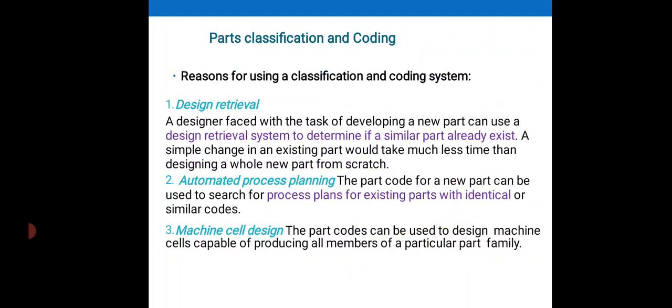Second one, automated process planning. The part code for a new part can be used to search for process plans for existing parts with identical or similar codes. Third, machine cell design. The part codes can be used to design machine cells capable of producing all members of a particular part family.